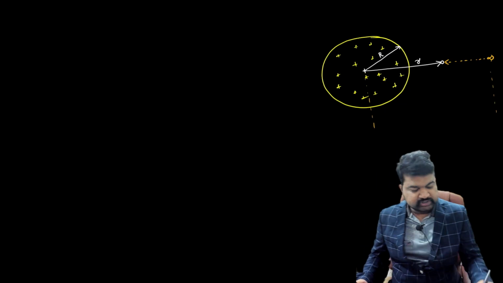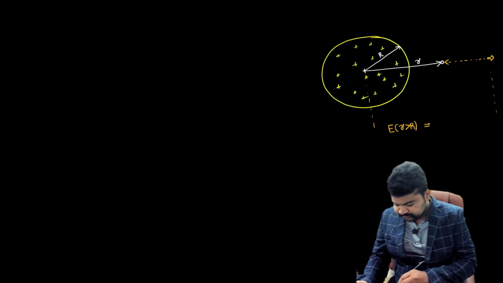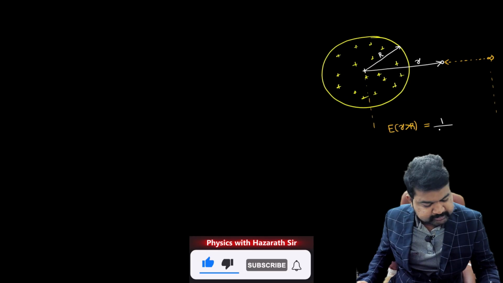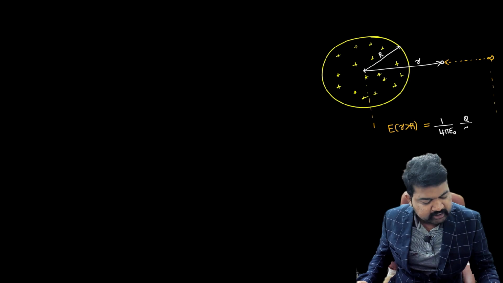We already know E for r greater than R. What is E for r greater than R? Tell me. Here we get 1 by 4 pi epsilon naught q by r square.